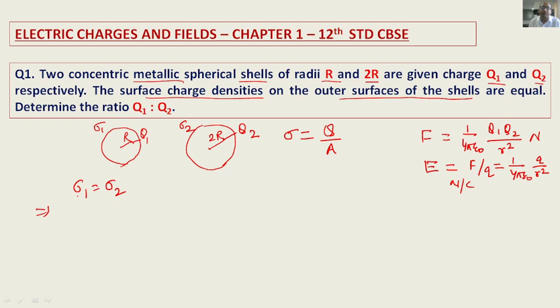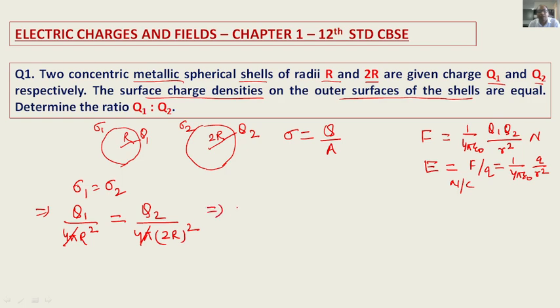Already we are given surface charge density sigma 1 is equal to sigma 2. It means we can write q1 by the surface area of this sphere, that is 4 pi r square, is equal to q2 by 4 pi into 2r whole square. This 4 pi we have cancelled.